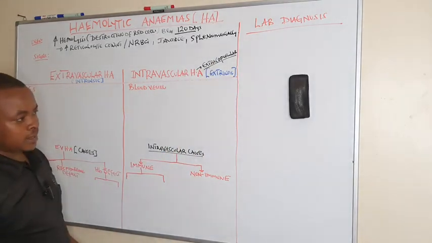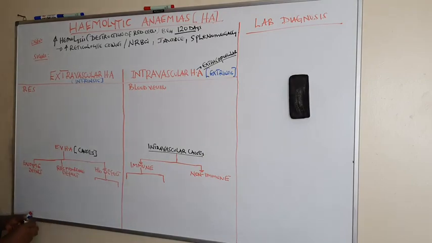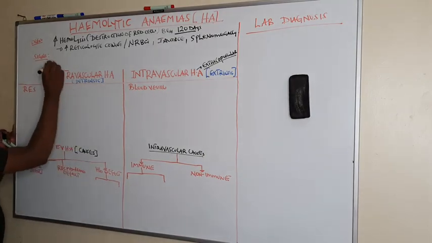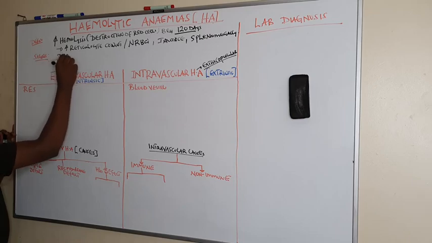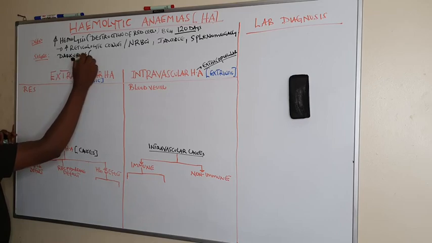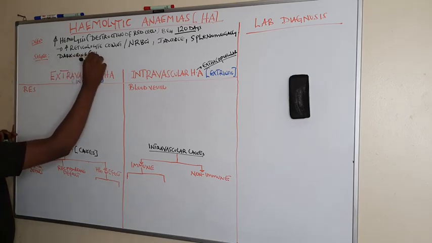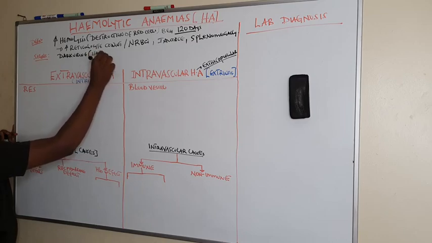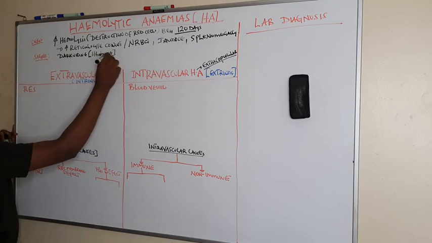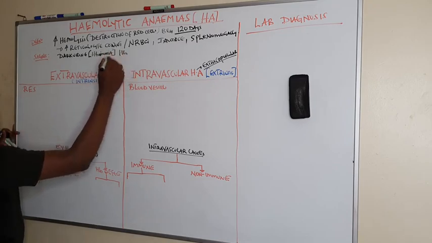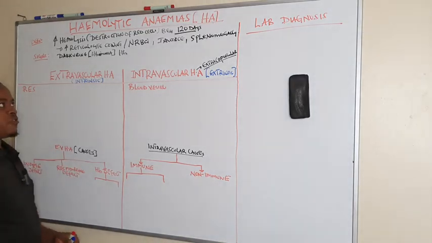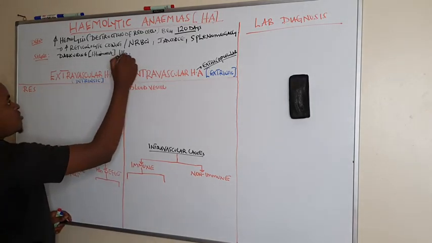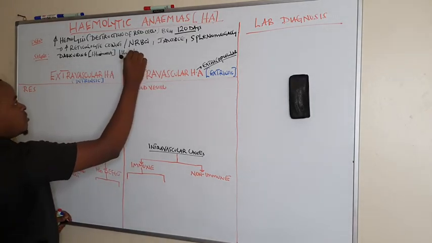Another characteristic under hemolytic anemia is dark urine. And this dark urine is due to hemoglobinuria, whereby there is the presence of free hemoglobin both in blood and urine. So we are going to find hemoglobinuria and hemoglobinemia.